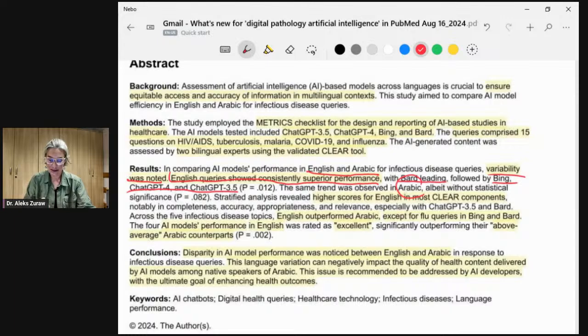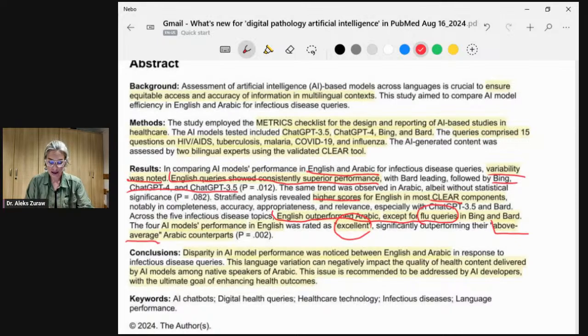The scores for English in the CLEAR tool were higher, and basically English outperformed Arabic except for flu queries. Maybe there's a lot of material about flu in Arabic in Bing and BARD. And the AI models' performance in English was rated as excellent, whereas in Arabic only above average.